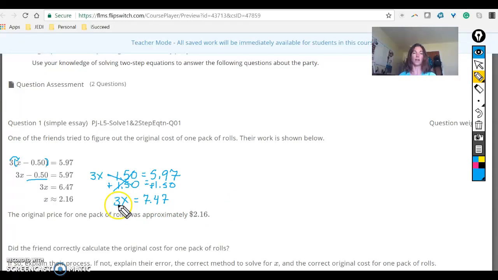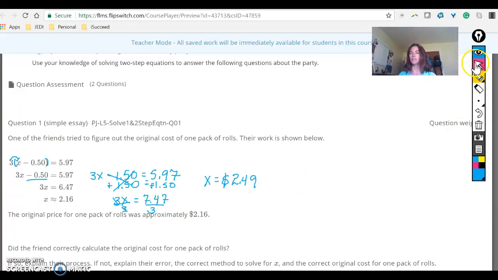And now, in order to undo this multiplication, I have to divide by 3. But if I divide the left side by 3, I also have to divide the right side by 3. And so I am left, let me go ahead and do this math, with $2.49 as opposed to $2.16. So x equals 2.49, okay?